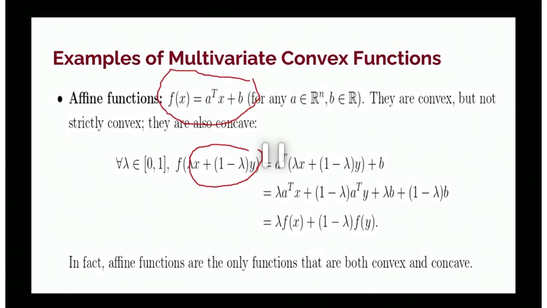Now, instead of having Ax plus b, there's something I need you to see. Here, instead of x, what are you going to plug in? You plug in the whole of this into this equation. Pay attention. It's getting tough.